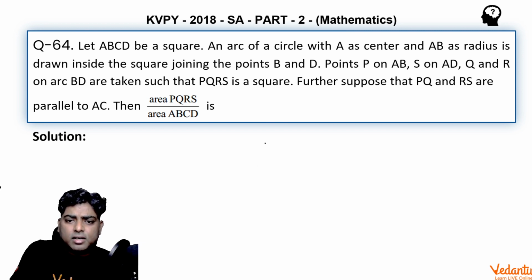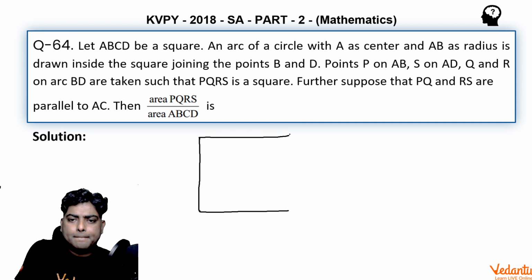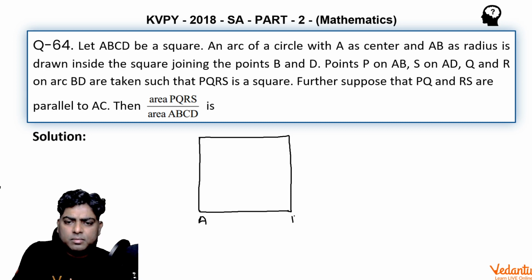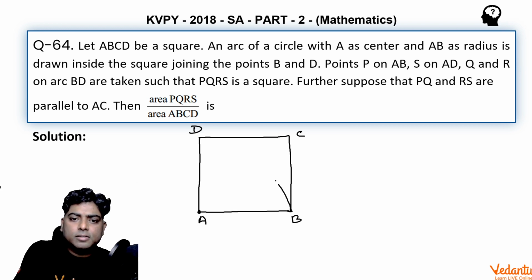ABCD is a square, so I'm drawing a square here, somewhere like this: A, B, C, D. Now an arc of a circle with A as center and AB as radius, inside the square, joining the points B and D, somewhat like this.